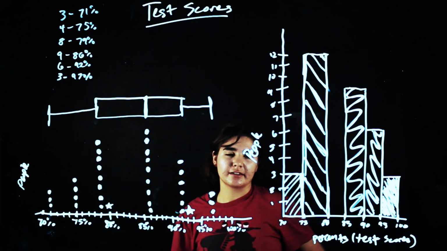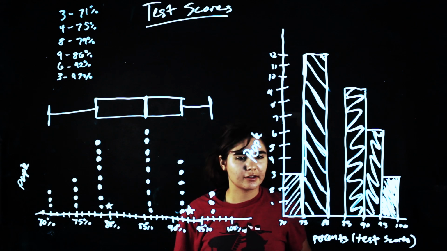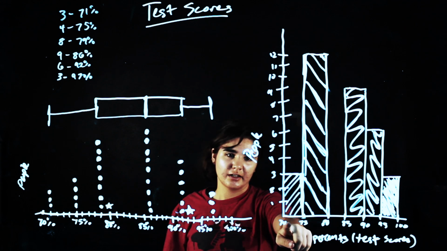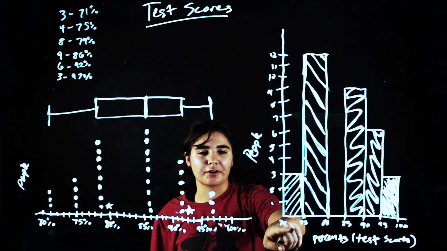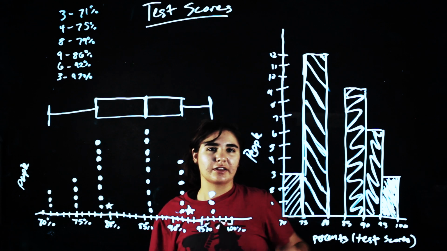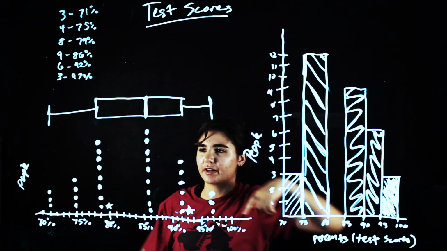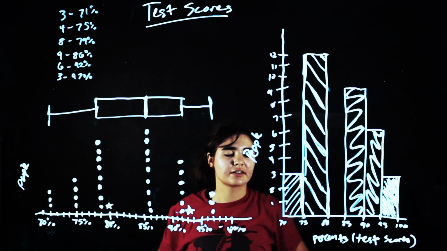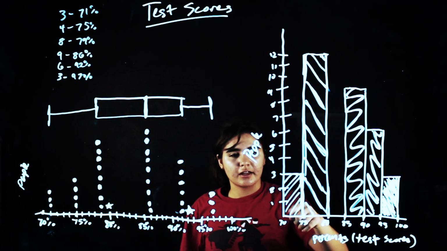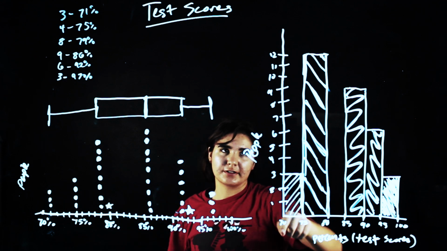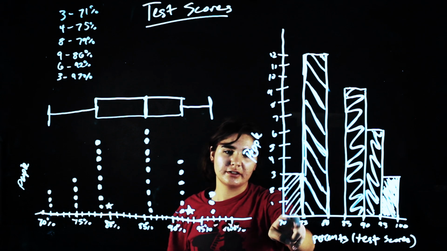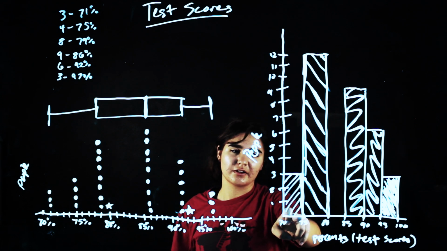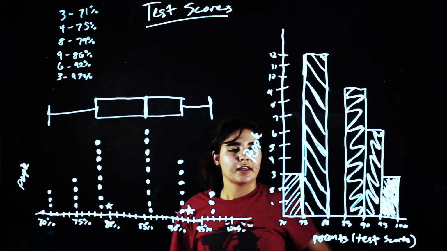And this is a histogram right here. So you could have noticed that the numbers on the bottom go 70, 75, 80, 85, like that. There's people along the y-axis, just like there are for this. And also that the bars in this graph go between the numbers, so from 70 to 75, 75 to 80, like that.